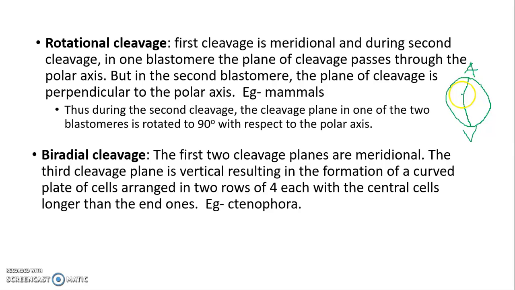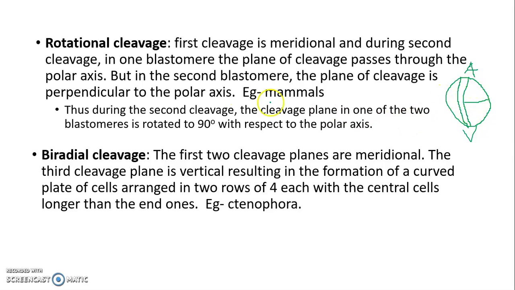Then during the second cleavage, these are the two blastomeres. These cells are called blastomeres. In one blastomere it divides through the polar axis, and in the other it rotates and divides.